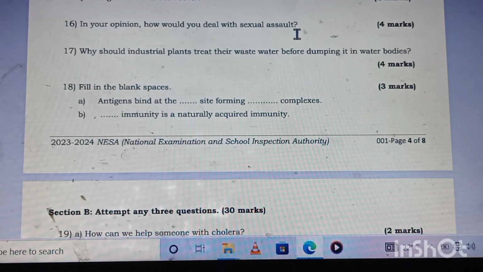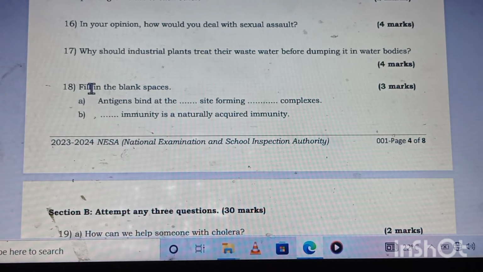For a sexual incident, first you must report. Second, you must get medical care. After that, you can have counseling. After counseling, then you support him or her. Yes. Okay.